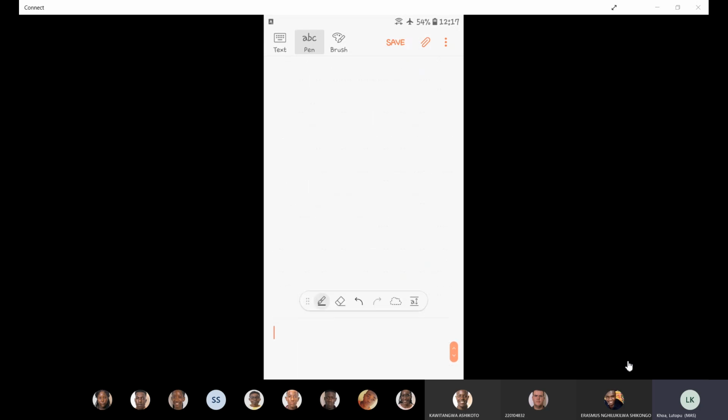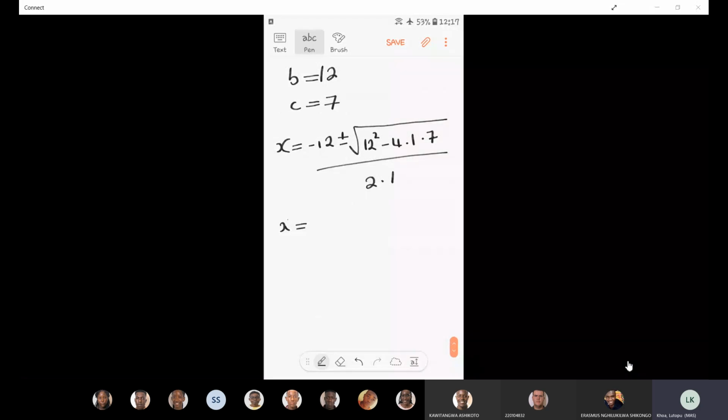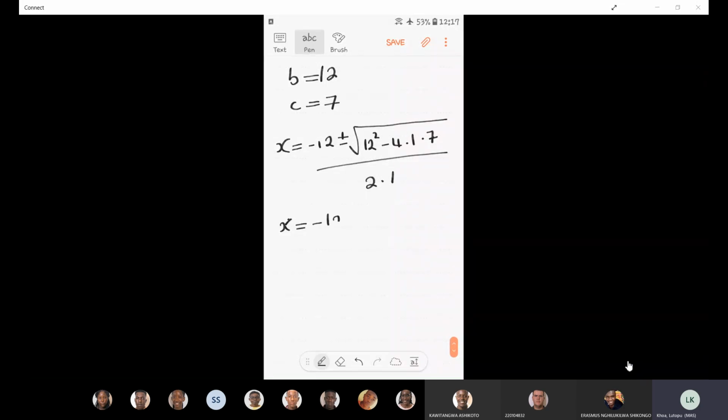Okay, so this one you'll do it on your calculator. So you get x is equal to negative 12 plus or minus the square root of 12 squared minus 4 times 7, and then you get 116, and this is divided by 2. So you'll have x is equal to negative 12 plus the square root of 116 divided by 2.